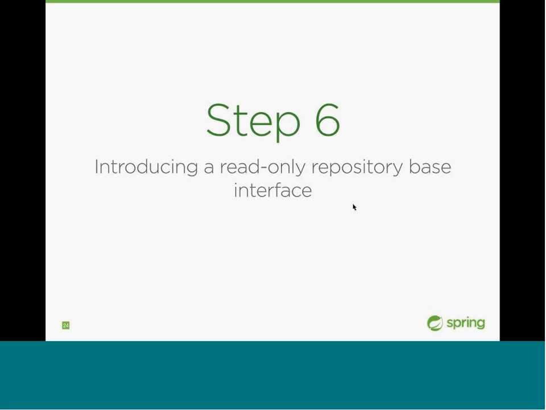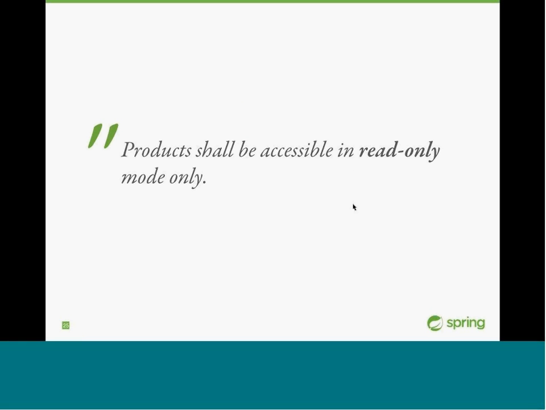A slight downside that I mentioned briefly when we moved to CrudRepository before is that we now all of a sudden expose finding methods and saving and deleting methods at once. However, let's assume you have the requirement to expose the products in a read-only way, maybe even extend the requirement to not only the products repository to behave in a read-only fashion, but also other ones.